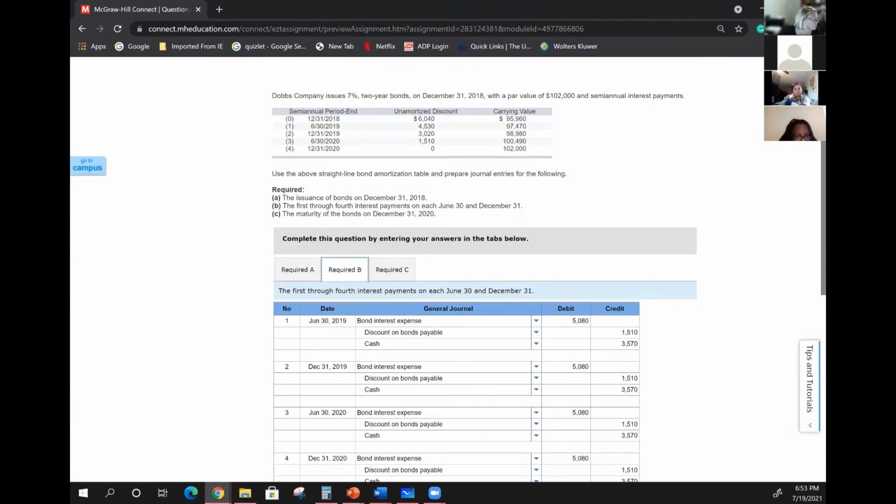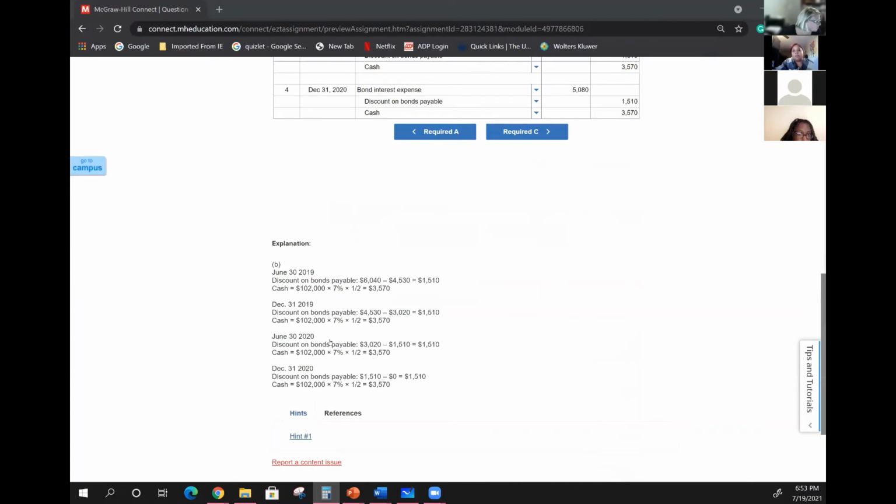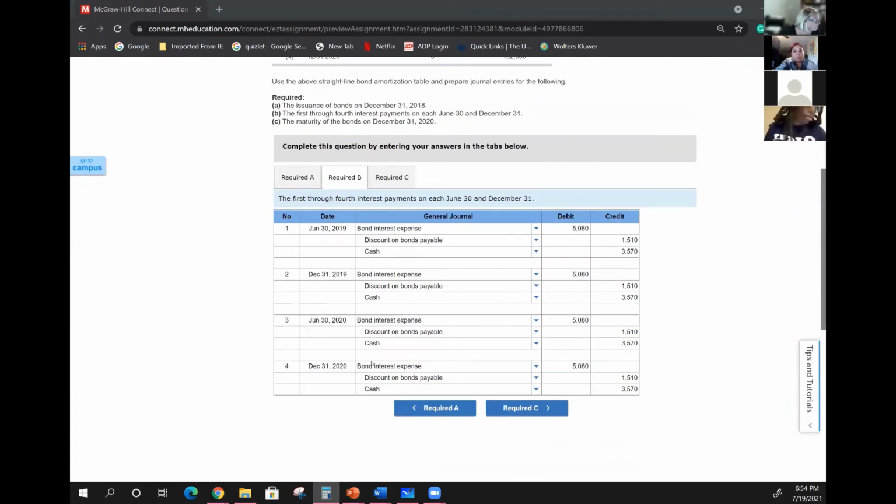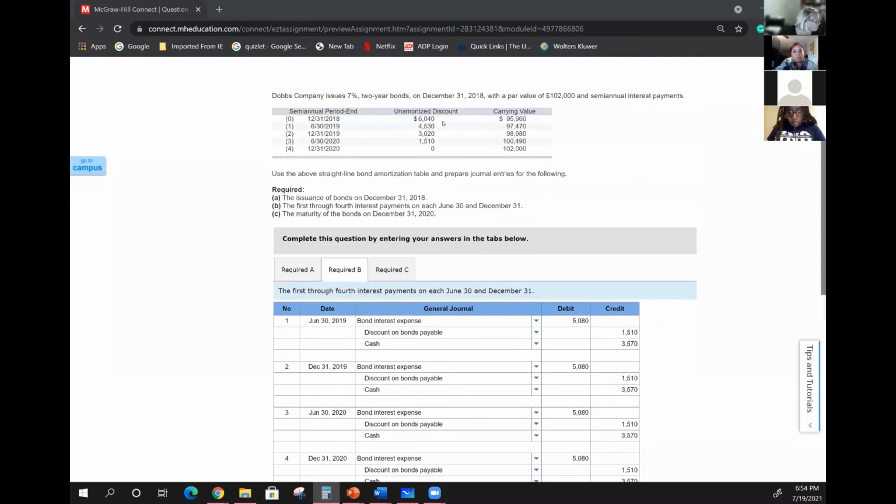The difference between the 102 and the 95,960 is 6,040. I got it from the first 2 numbers on the chart where it says unamortized discount. I subtracted the first 2 numbers, and that's how I got the discount on bonds payable.